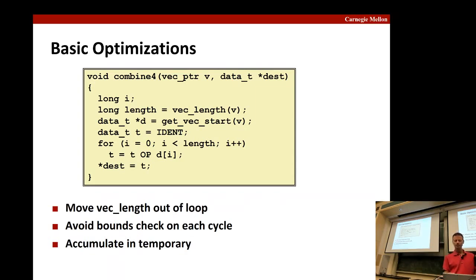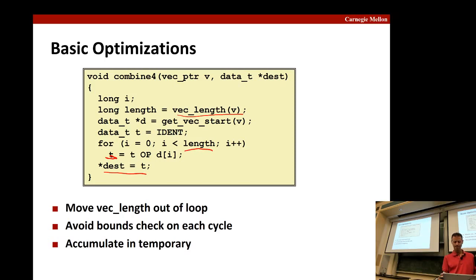So the types of optimizations are some of the ones we've seen before, right? So we don't want to store every time through the loop. So we want to use a temporary to accumulate, as we did in our earlier example, earlier in the class. All right. And anything else in the length, again, we want to pull that out once and for all, and not have to recalculate that.